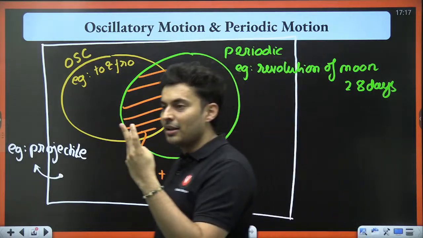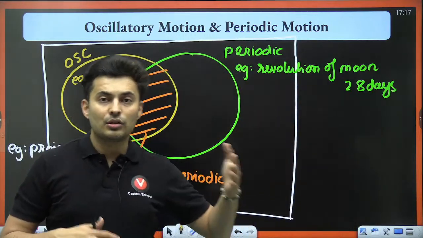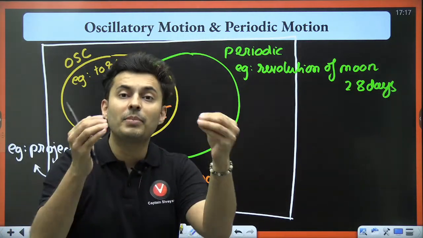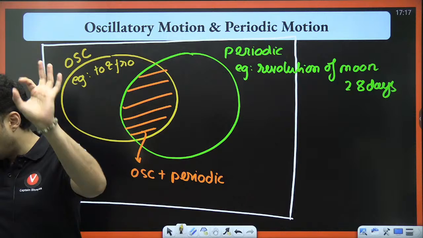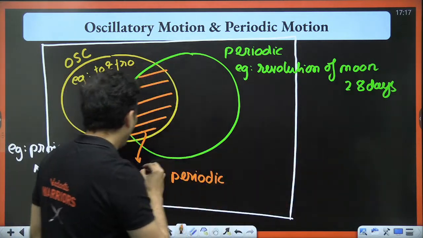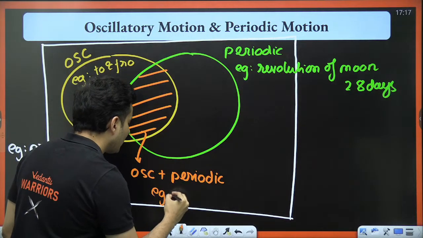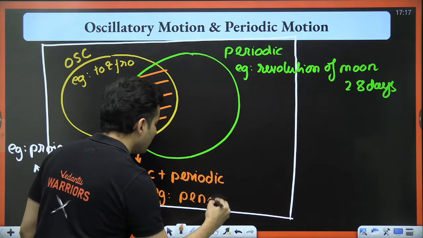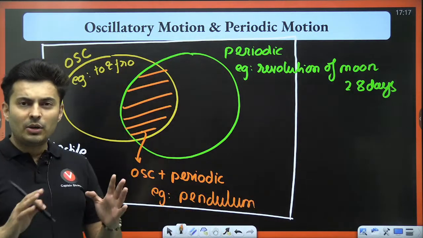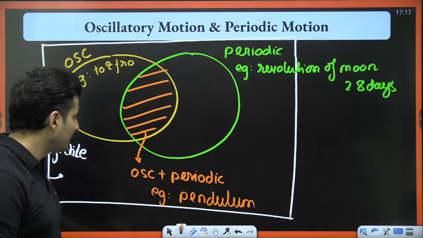If sometimes I take 3, sometimes 5, sometimes 2, then it is not periodic in nature. Yes, the best example of such oscillating and periodic motion is a pendulum. Are you able to understand the difference, my dear warriors?